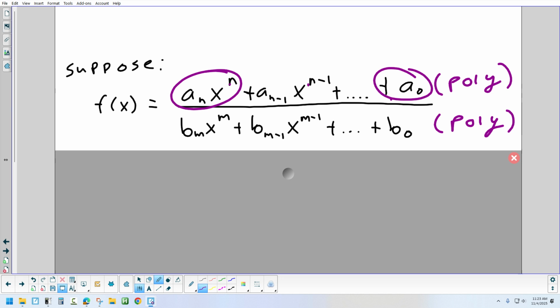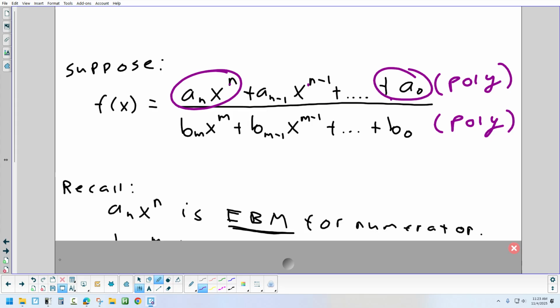The end behavior model is just the highest degree term. So that's the EBM for the top. What would the EBM for the bottom be? Yep. The BX. Yeah, it would be the first term right here. That's the term with the highest exponent. All the other terms are lower degrees.